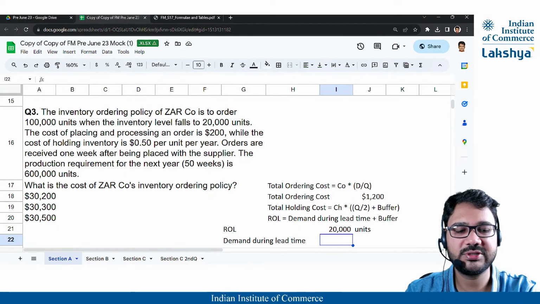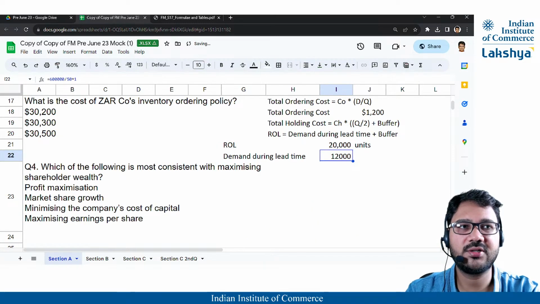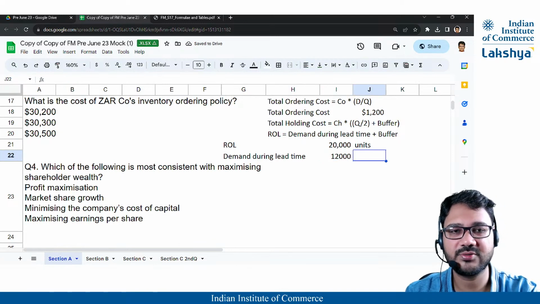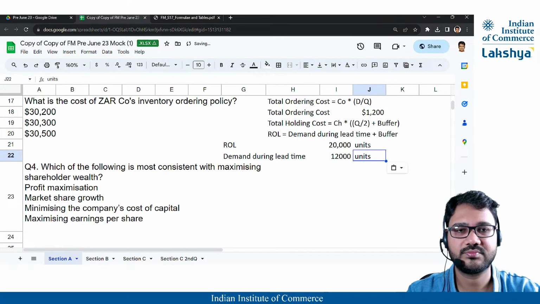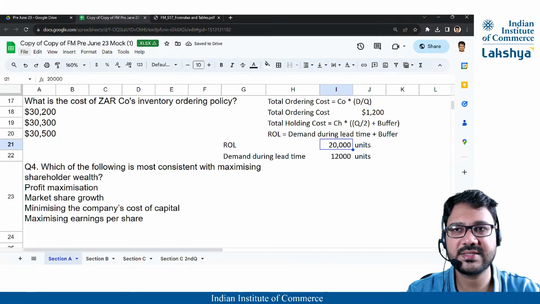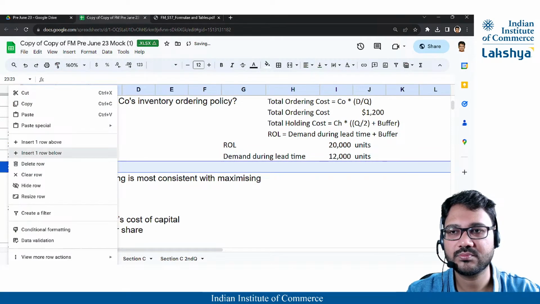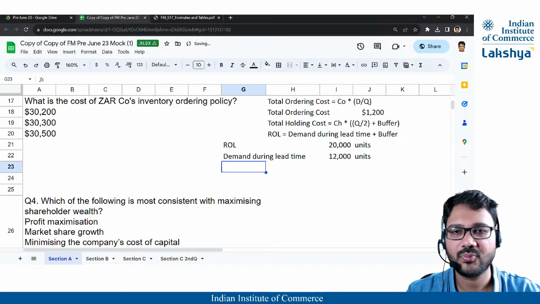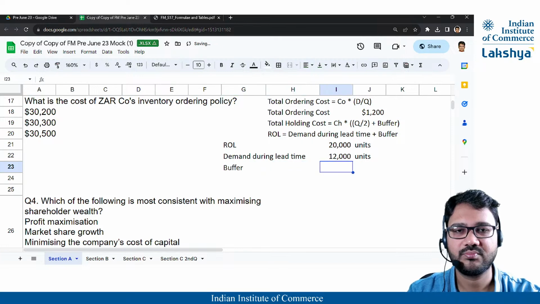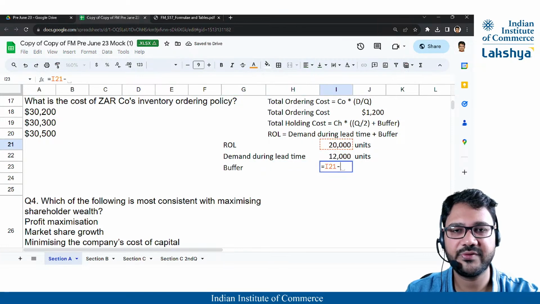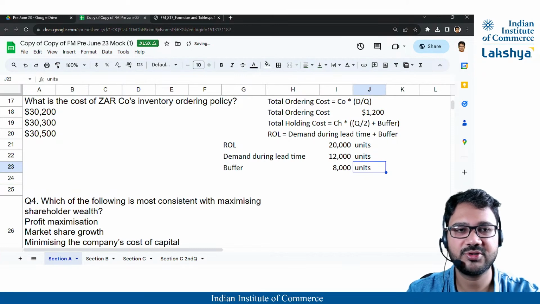So we'll take our annual demand, 600,000, divided by 50, into 1 week. So our demand during lead time is 12,000 units, which means there is some buffer to it. So what is our buffer? Buffer is equal to the difference between reorder level and the demand during lead time. So 8,000 units is our buffer.